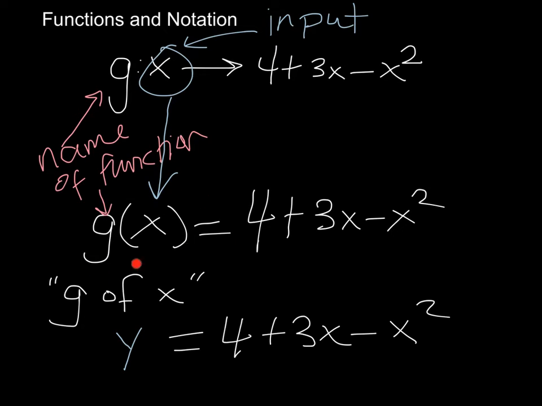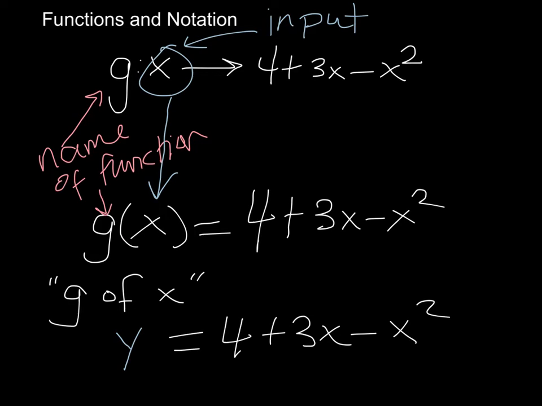This notation here is what we call function notation. And it gives us both the name of the function and the name of the variable that we're plugging in as the input value over here. This is called arrow notation, and it gives us the same information that function notation does.